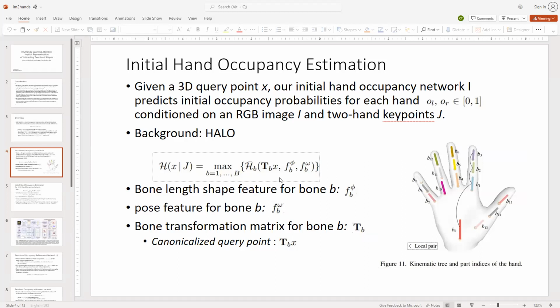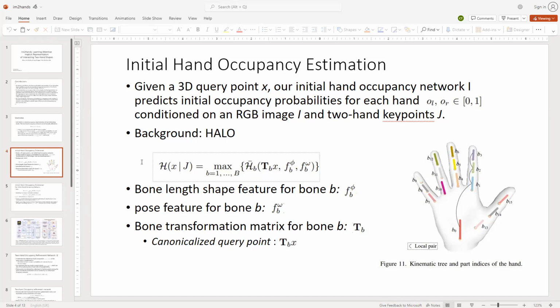But the problem is that models like Halo are dependent solely on the bone length features of the hand. In such models, soft tissue deformations that occur because of two interacting hands are not well represented, which is why we need a network like this paper has presented for two-hand cases.